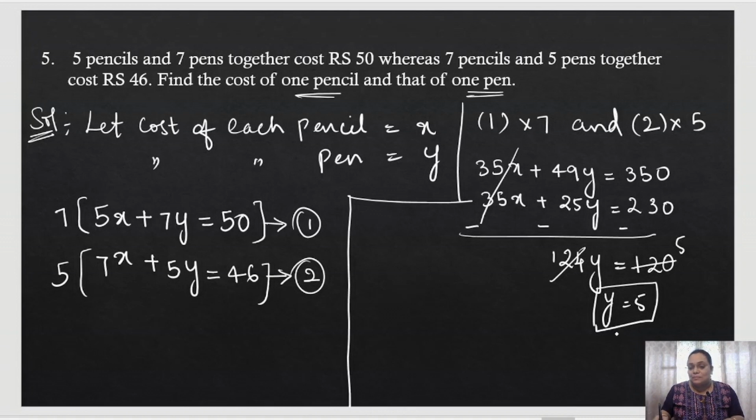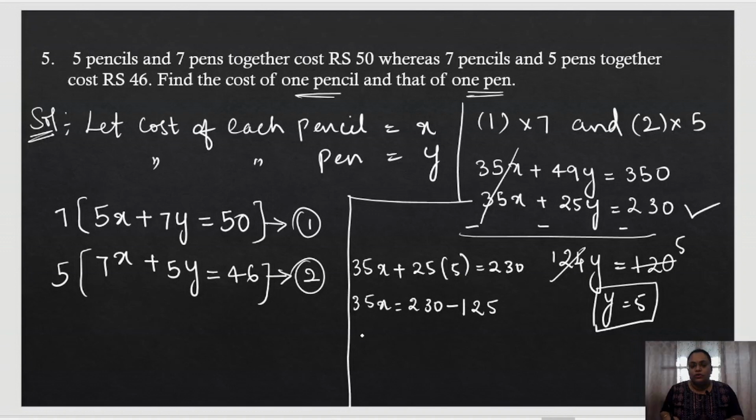Now let us substitute y is equal to 5 in equation number 2. So 35x plus 25 into 5 is equal to 230. So 35x is equal to 230 minus 25 fives, which is 125.